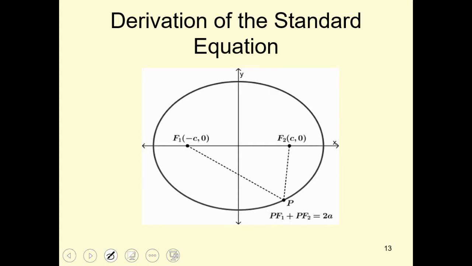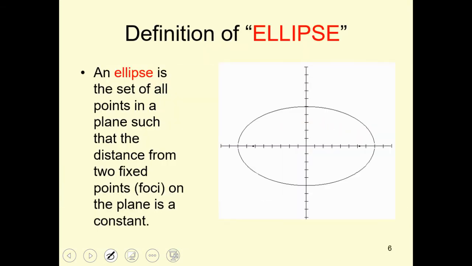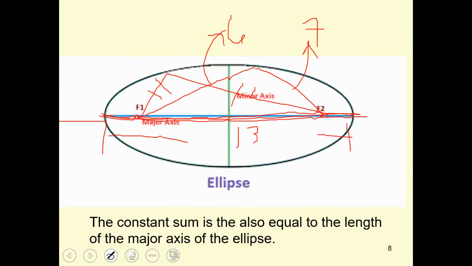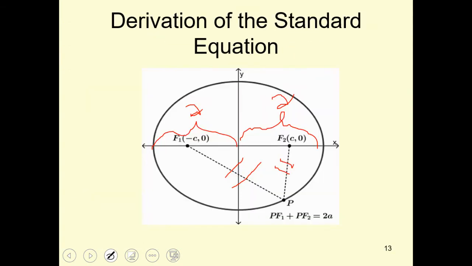Balikan nato ha. PF1 plus PF2 is equal to 2A. The constant sum is also equal to the length of the major axis of the ellipse. Mao na ang observation nato ganina.